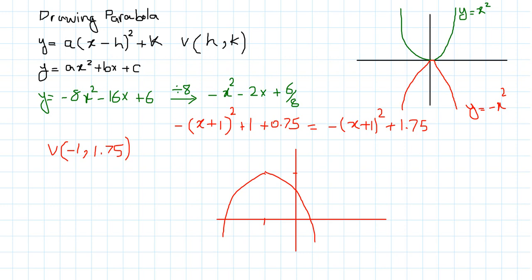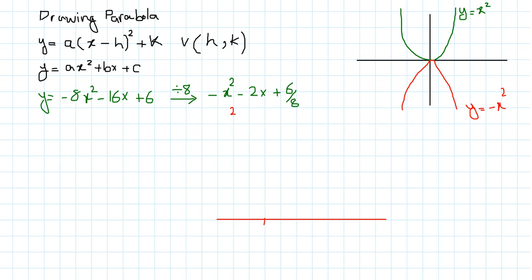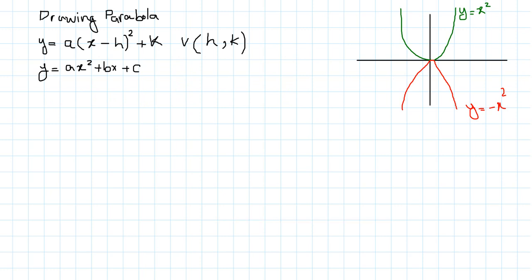Okay, now let's solve the last example by two shapes. We have this equation, y equals 10 minus x minus 3x squared.